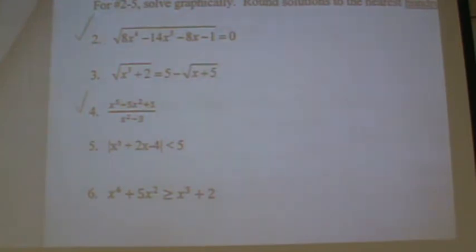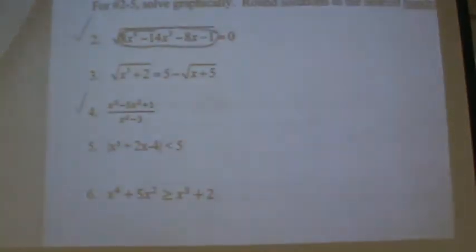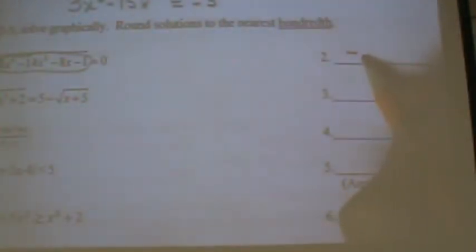Number 2, since it's only one radical, it will not hit the x-axis. So for number 2, just set what's underneath it equal to 0 and find your zeros. You should get, I believe, -0.12 and 2.01.